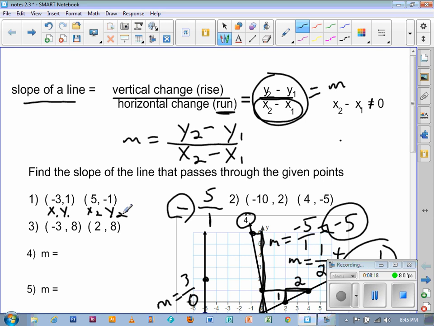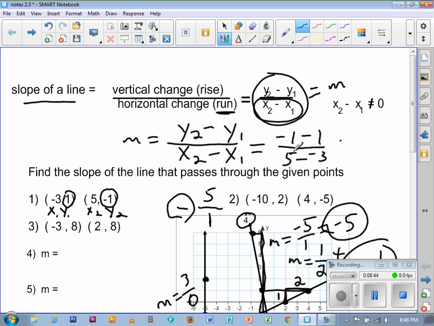In this setting, what would happen if we substituted these values in problem number 1, you would take negative 1 minus 1. And where did I get that from? Those are your y's right here. Negative 1 minus 1, and that would be over 5 minus a negative 3. Now be careful with your negatives.